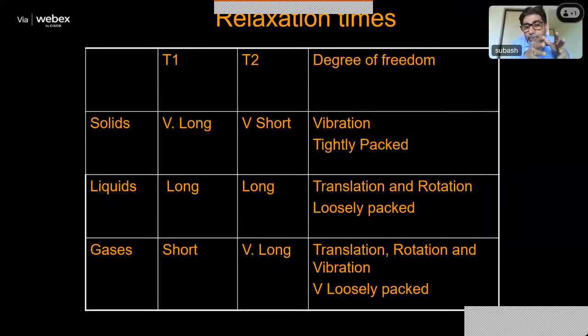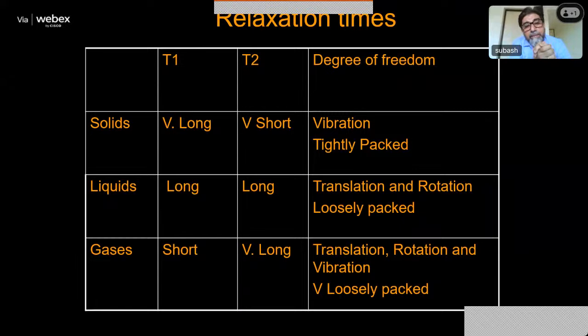That is why solids have very long T1 relaxation time. At the same time, since solids are very tightly packed, the spins are very close to each other. They can exchange energy among themselves. The down spin can exchange energy with the up spin, and they keep flipping. Because of this process, the T2 relaxation is much faster in solids.